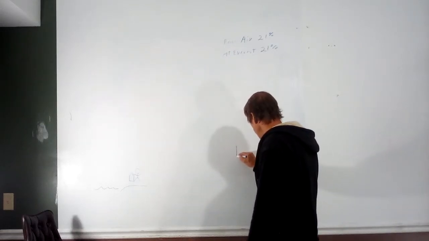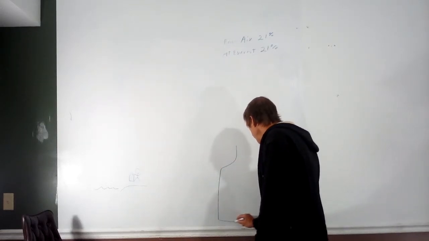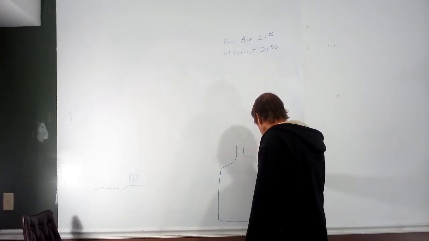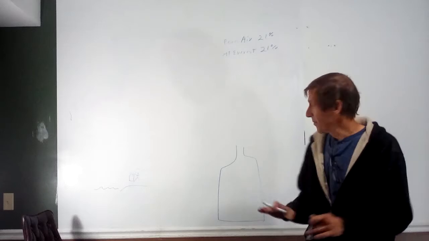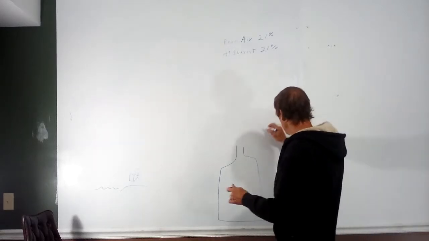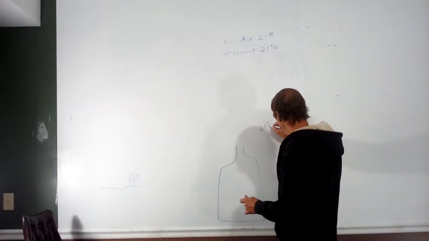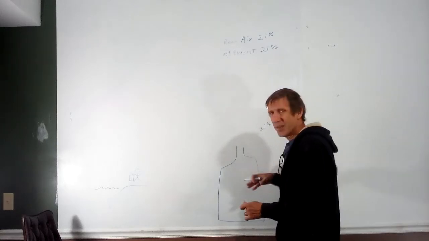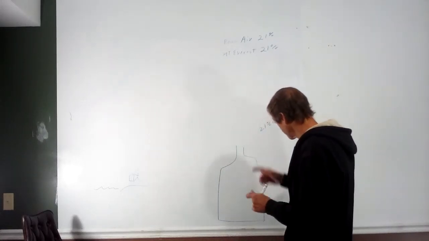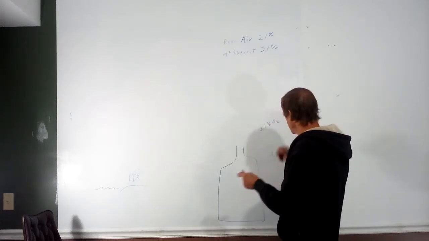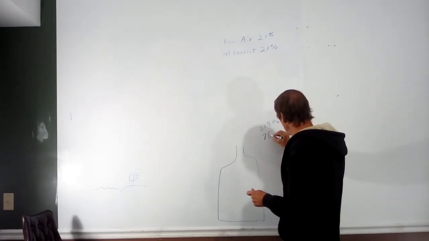Here's your jug. Now this container is open to the atmosphere. So you've got air out here, which is 21% O2. That's rounded, it's like 20.95. We use 21%. It's open, we're at sea level pressure, which is 760 millimeters of mercury.